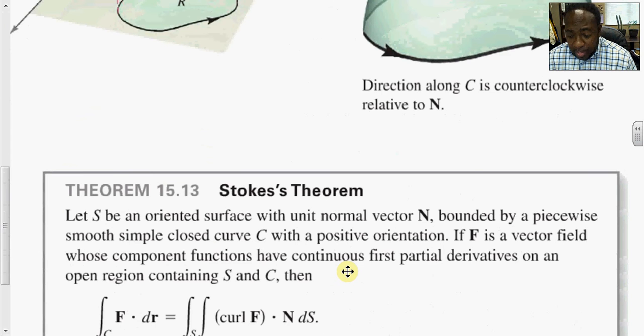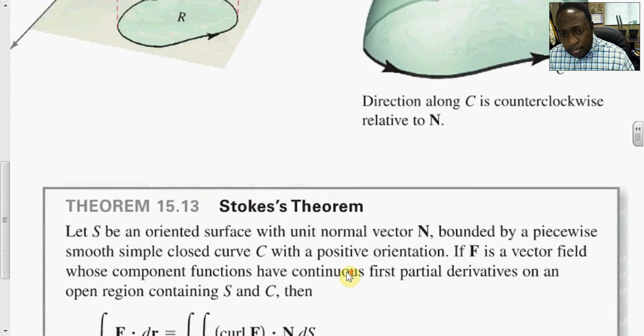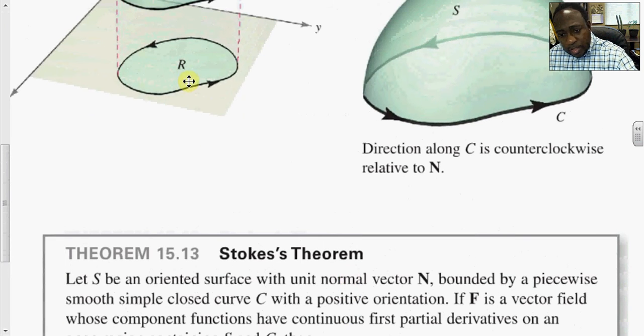If it does, then you even violate the orientable nature of the surface. With positive orientation, that is, as you move along the curve, the region lies to the left of the curve.